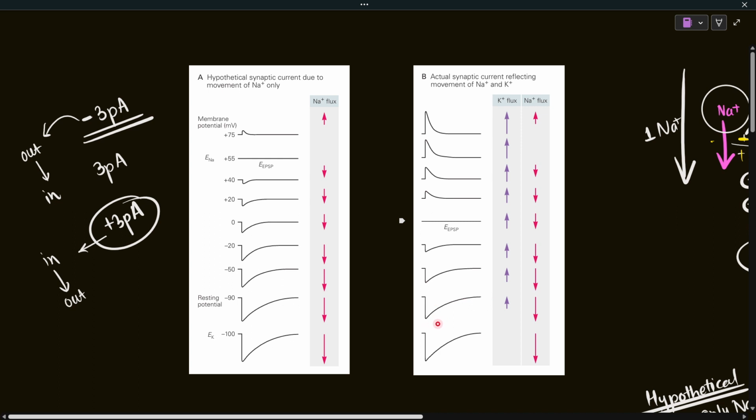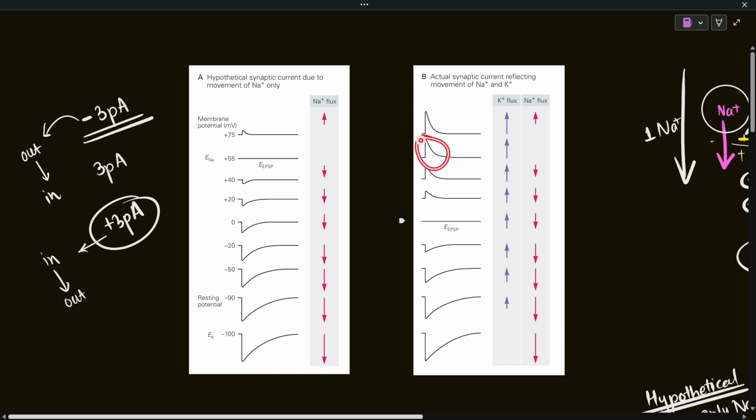Then at 55 millivolts, where the current should be zero, it showed a positive current. This means there is efflux of some ion. But theoretically and logically, sodium ions should not move, because the concentration gradient is zero for sodium: the concentration outside and inside the cell is exactly equal.